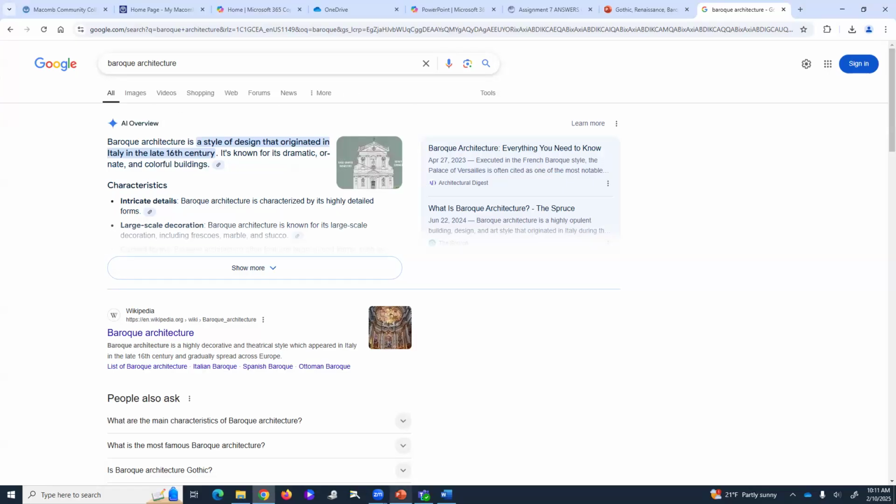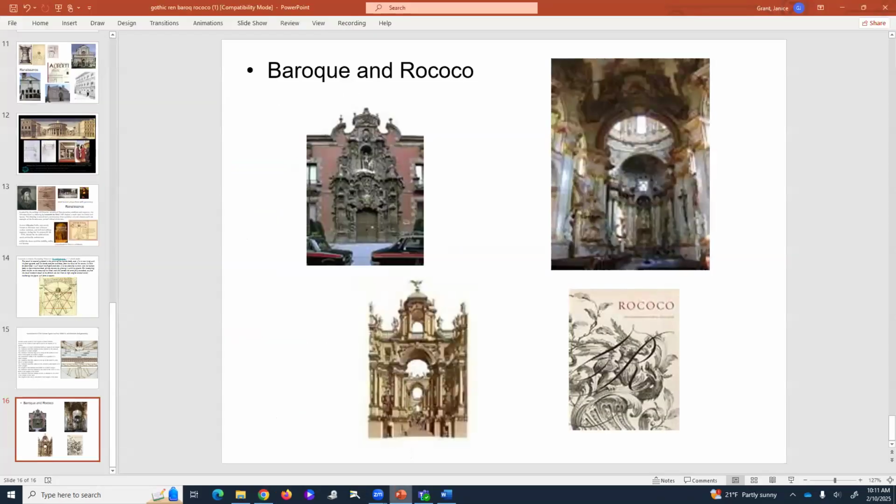You can see the laciness of it. You're borrowing some of the forms of what's been done in the past, but we're adding all of this beautiful sculpture and decorative detailing to the Baroque and Rococo.